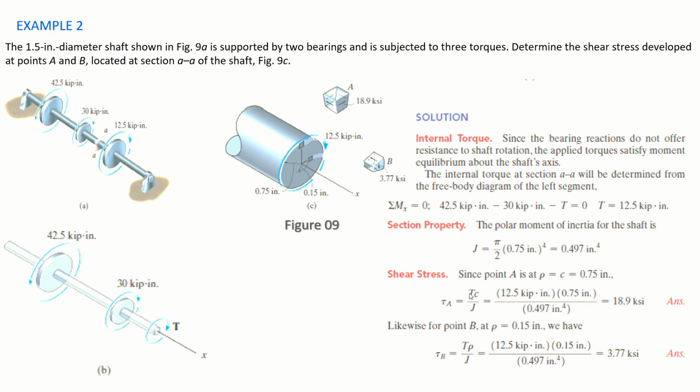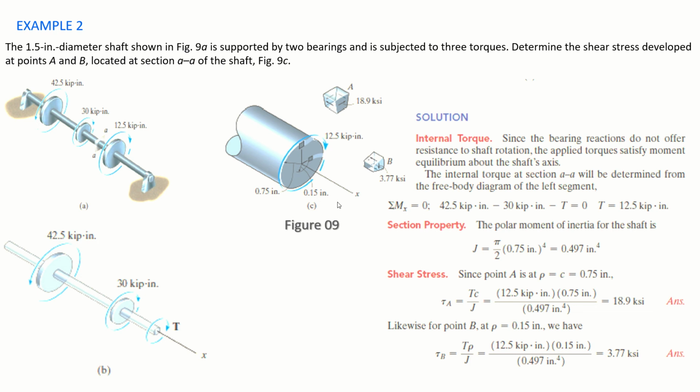So tau A is equal to Tc by J, which is equal to 18.9 ksi. This is point A and this is point B. At point B, rho is equal to 0.15, which is even less than half of C. So T is same, J is same, but due to this rho, the shear stress reduces to only 3.77 ksi.